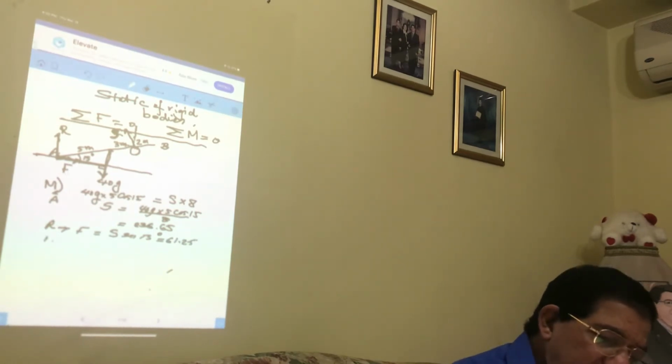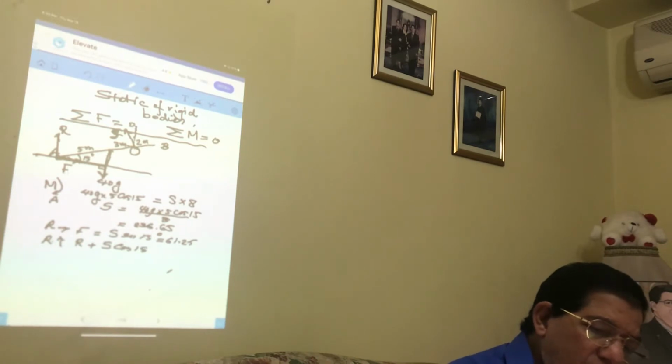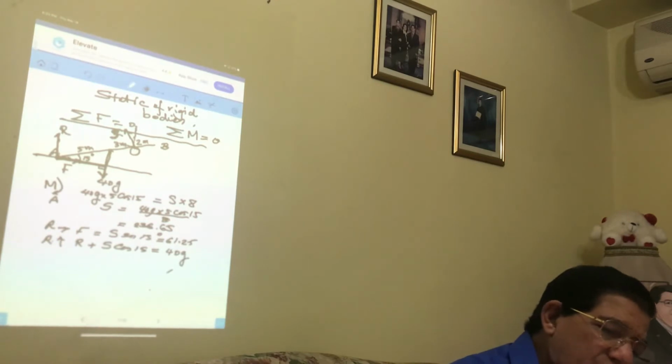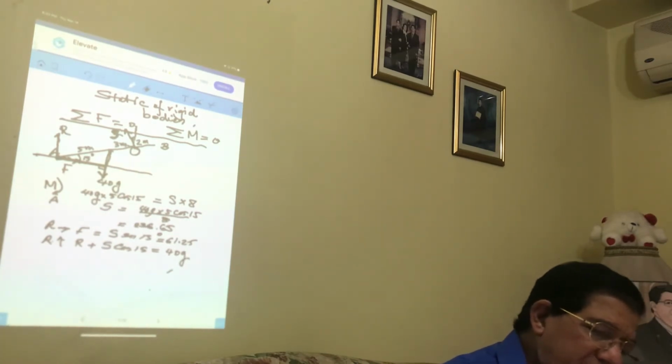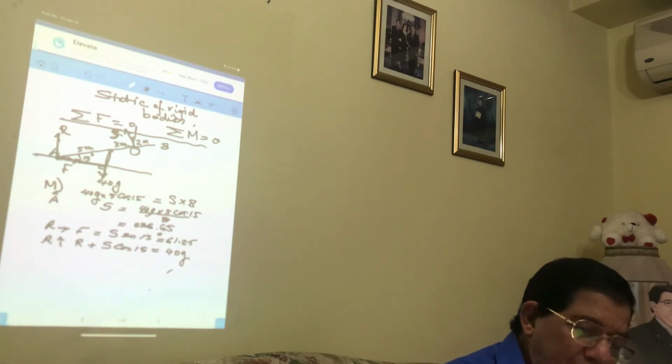Then resolving vertically, we have R plus S cosine 15 equal 40g. S is resolved, this angle is 15. Therefore, the vertical is S cosine 15 and the horizontal is S sine 15. The horizontal equals F. The vertical plus R equals the weight.